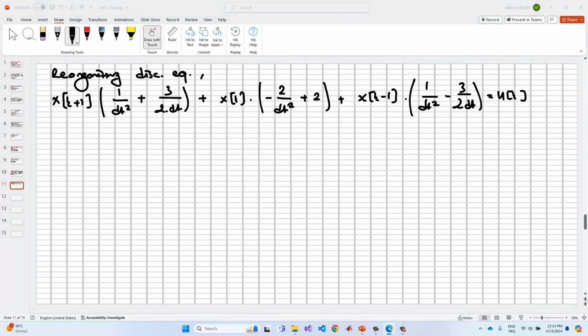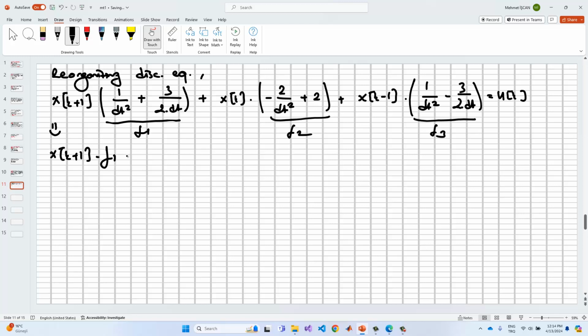Okay, for simplicity we can assign this as f1, this as f2, and this as f3, and we can write this equation just like this one: xk plus 1 times f1 plus xk times f2 plus xk minus 1 times f3 is equal to what?